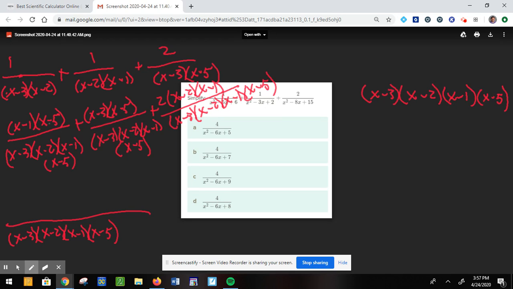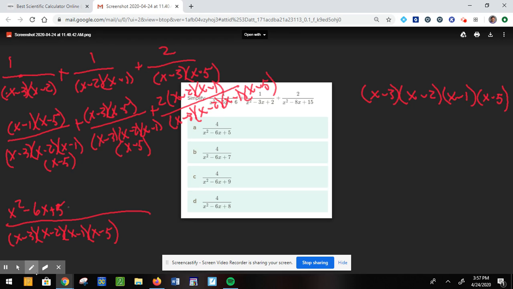So x minus 1 times x minus 5 is x squared, negative 1 times x is negative 1x, negative 5 times x is negative 5x, or negative 6x. I'm just FOILing, skipping a step. Negative 1 times negative 5 is plus 5.